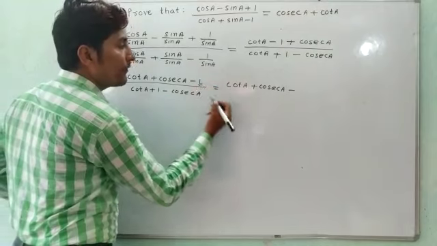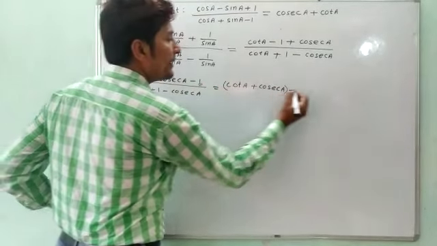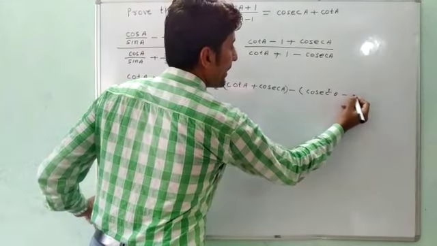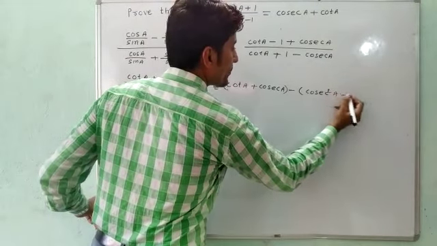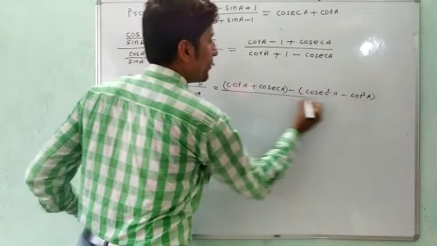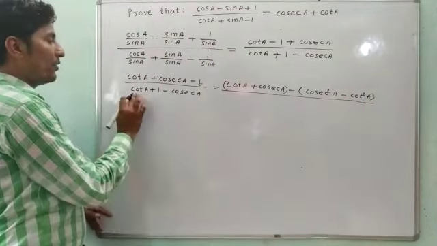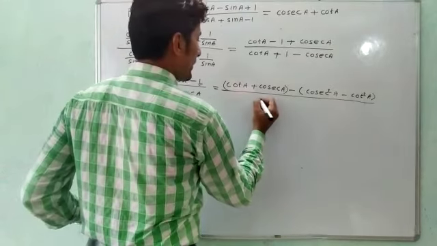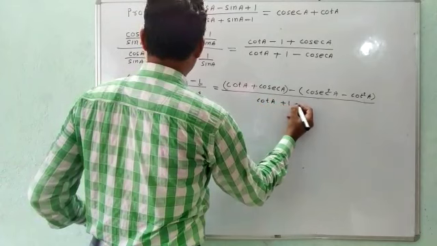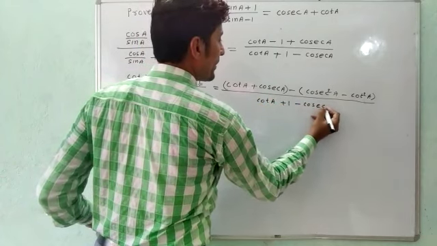So in the place of 1 we can write cosec square A minus cot square A. And whole is divided by cot A plus 1 minus cosec A.